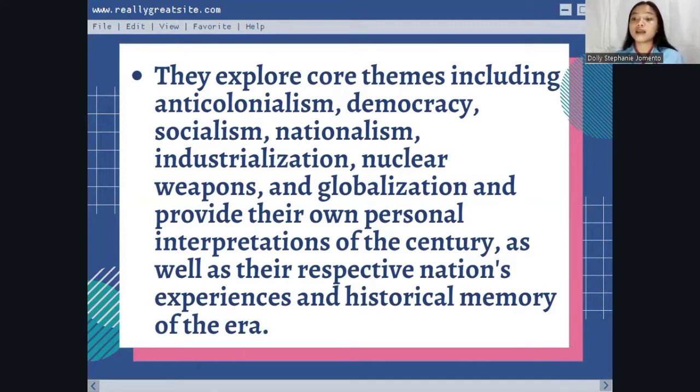Since the 20th century mainly focuses on World War I and World War II, they have a history, and their historical memory serves as their main topic in their literature.